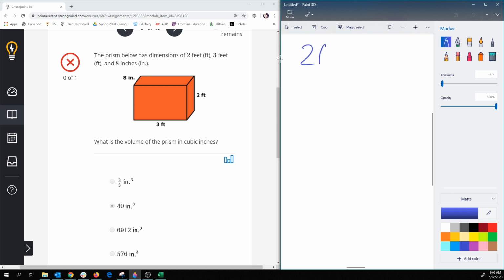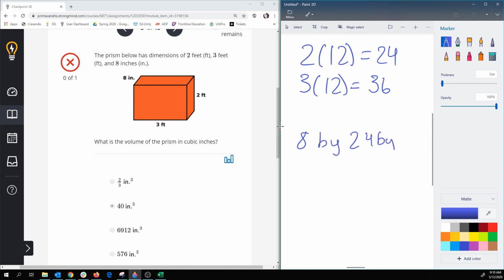So 2 times 12 gives me that 24, and 3 times 12 is going to give me 36. So the actual dimensions of my box, all in inches, is going to be 8 by 24 by 36. And then all I need to do is plug that into my formula.